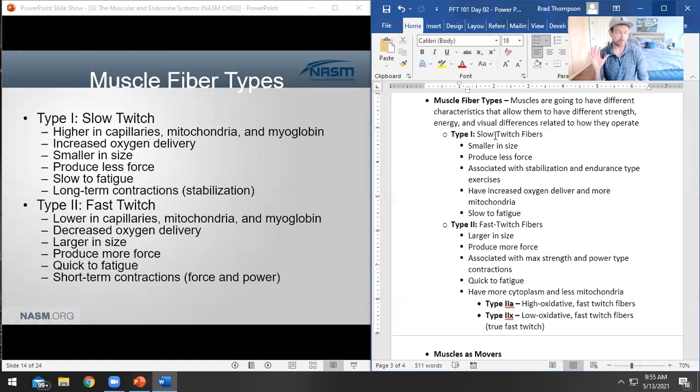Now, don't forget, just because they're type 1 fibers doesn't mean they can't experience strength and size gains. They can absolutely grow the same way other fibers can. It's just that their capacity for that growth is much smaller. If I had $100 and increased it by 10%, I'd have $110, which is a $10 increase.